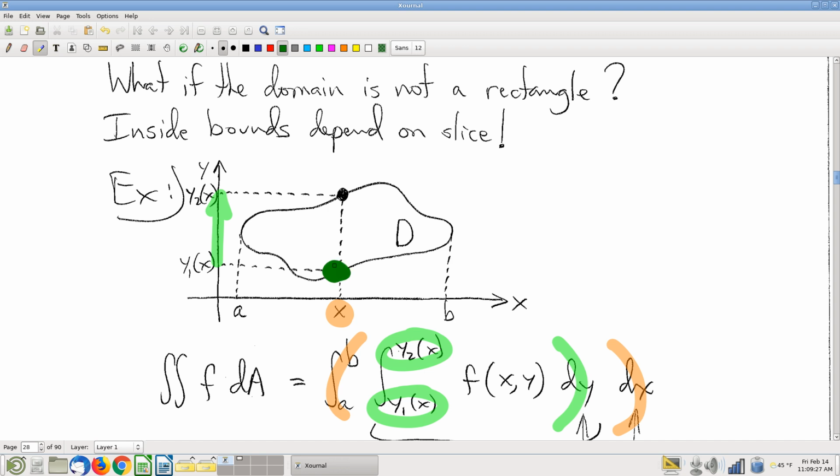So there's your lower bound for y. There's your upper bound for y for this value of x.